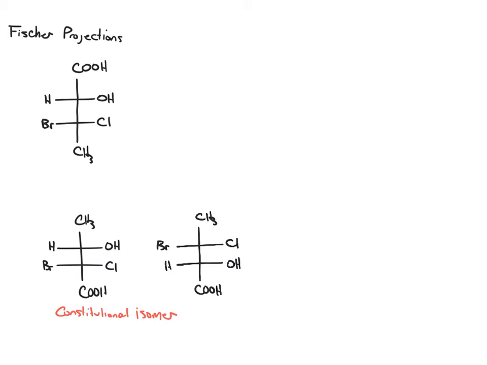All right, and the way to see that is, if you just rotate this 180 degrees to put the COOH back at the top, that rotation will rotate this OH to the top left.